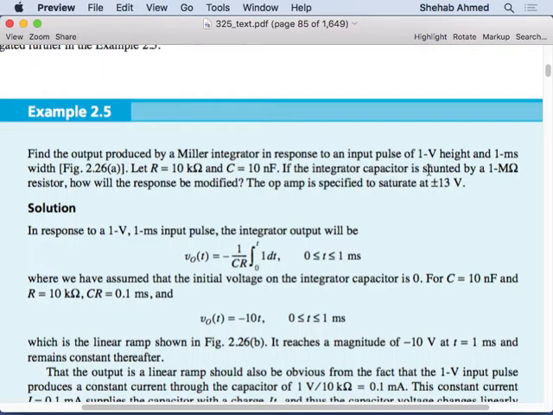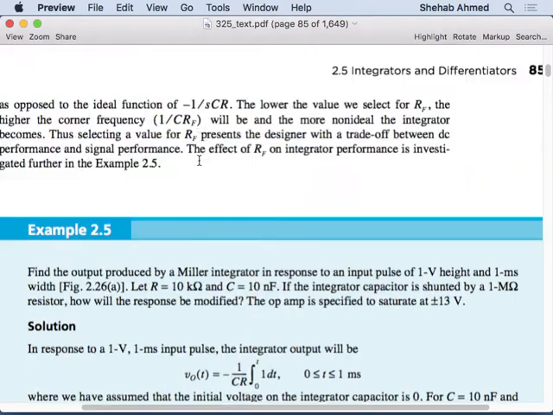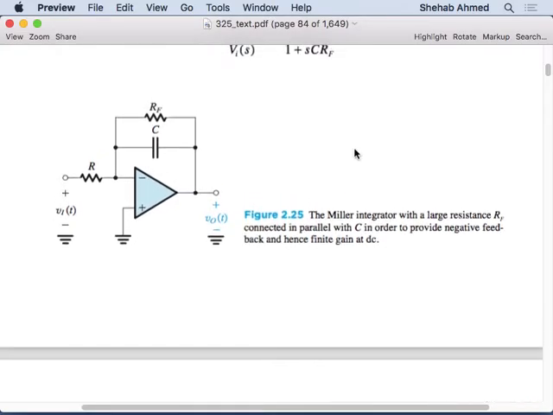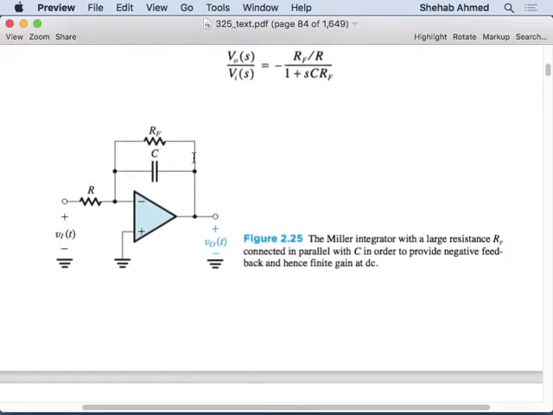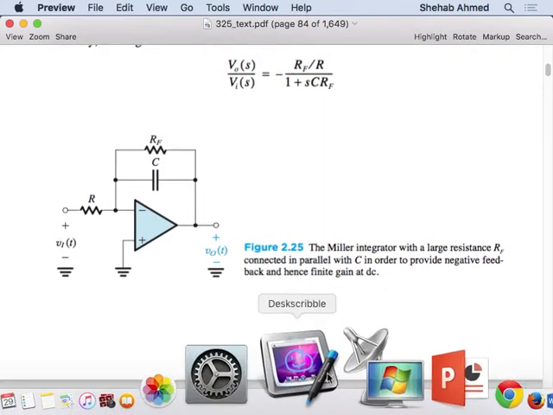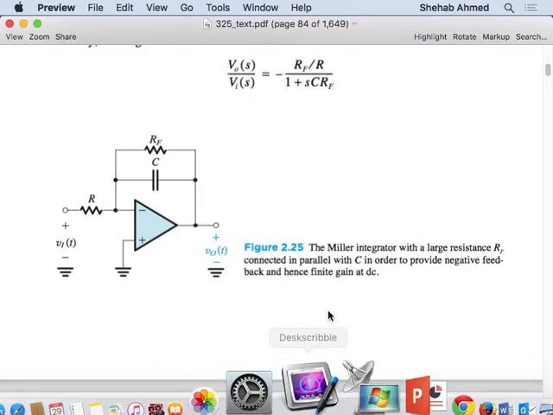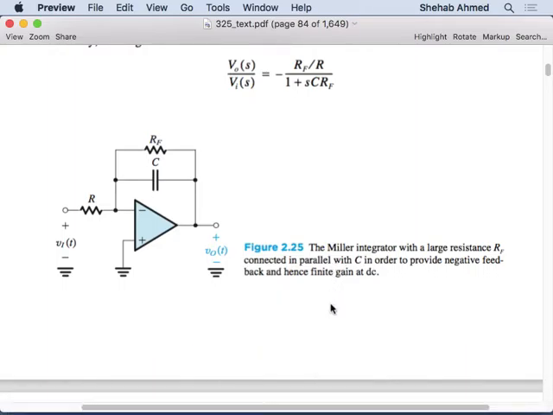If the integrator capacitor is shunted by a 1 megaohm resistor, how will the response be modified? Let's go back here first. What we derived a few minutes ago was the case with the capacitor only. What happens when we add the resistor?